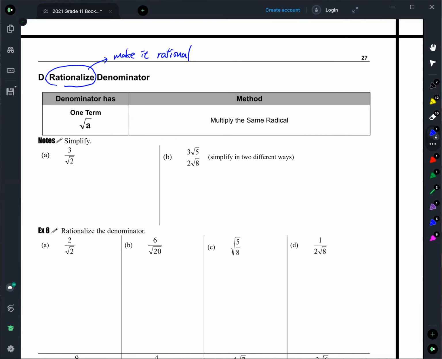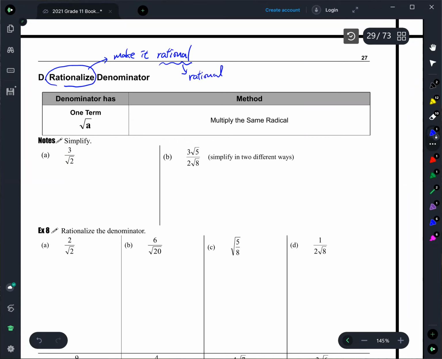Rational, right? You need to know what rational means. Rational numbers can be written as fractions.